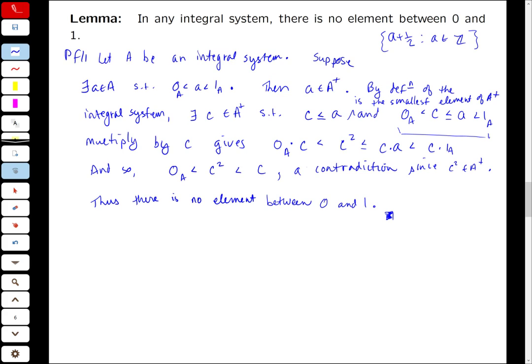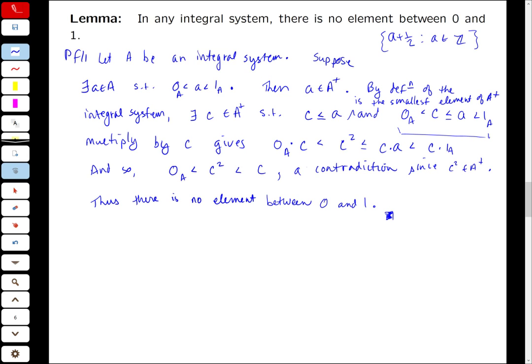Now, if you recall, the whole point of this section is to come up with a construction of the integers. What do you have to know to be able to say this will generate the integers and only the integers? Well, it generates something isomorphic to the integers, as we're going to see, but essentially this gives us our integers.